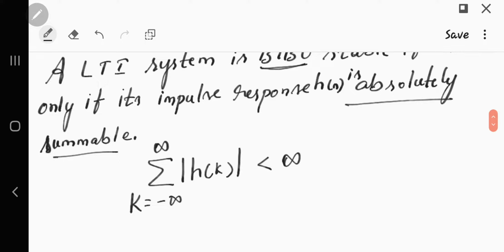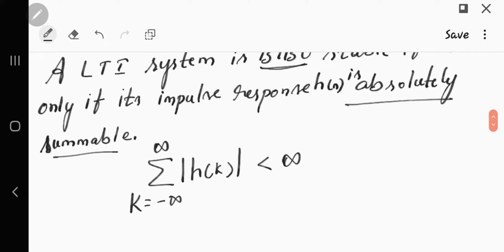So the input should be a bounded input, and then only you can get a bounded output. Bounded input means an input having a value that is less than infinity, so some finite values. That is called a bounded input. If you give that kind of input to the system, then you can expect a bounded output.